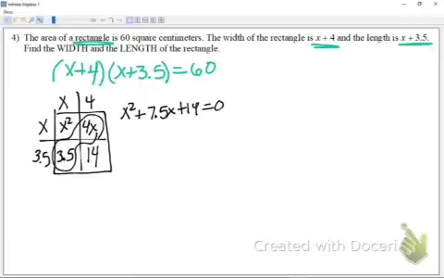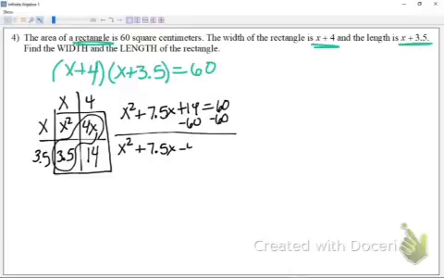Okay, sorry, not equals 0. Oh my goodness. Equals 60. We need it to equal 0, so we're going to subtract 60 on both sides. And when we do that, we get that it equals negative 46. So you should have x squared plus 7.5x minus 46 equals 0.